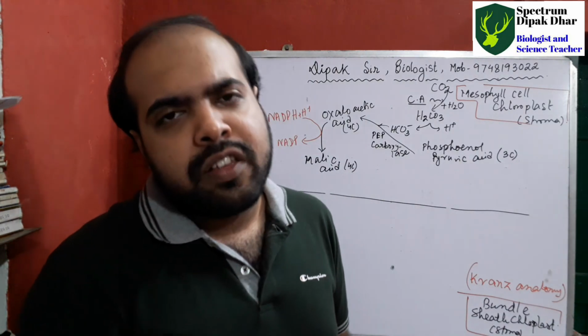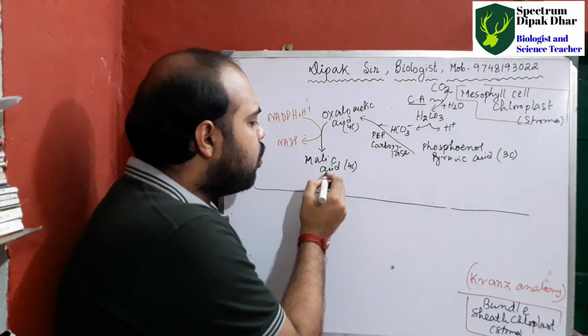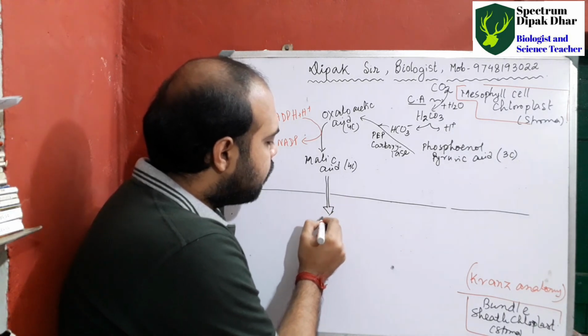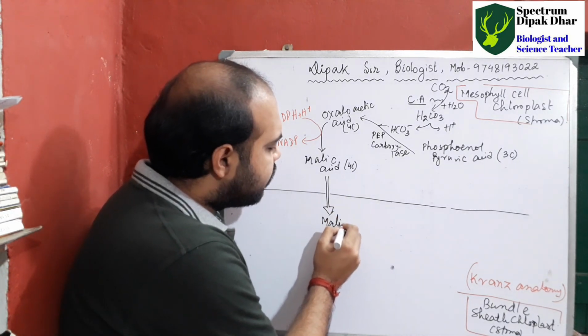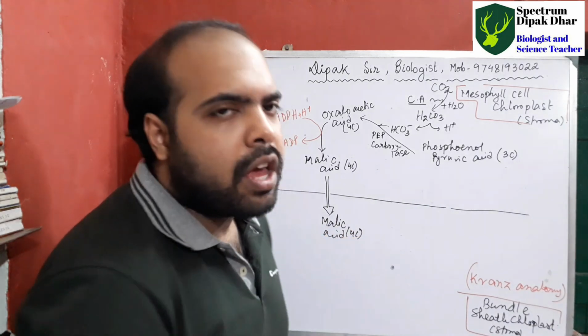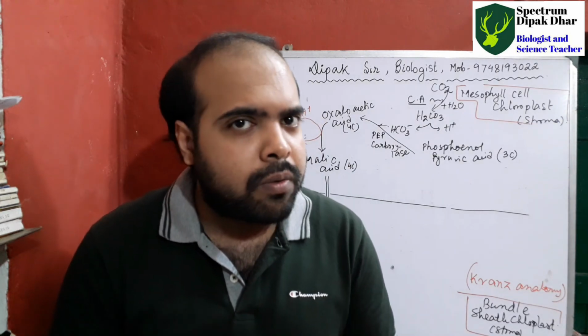Where? It will be transported into the bundle-sheath chloroplast through plasmodesmata. Now malic acid has already reached the bundle-sheath chloroplast. Now what will happen?